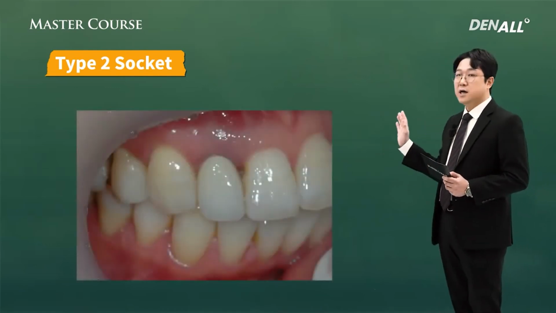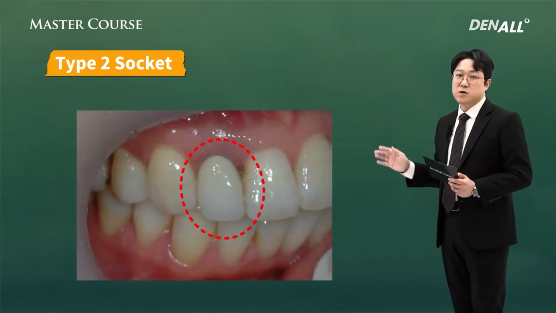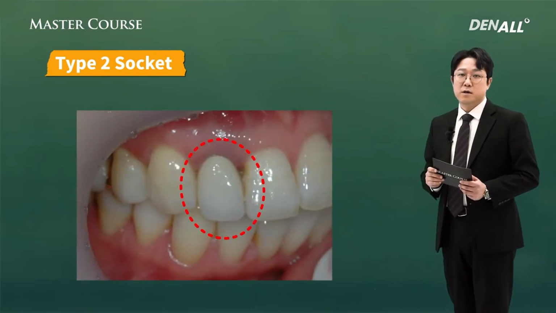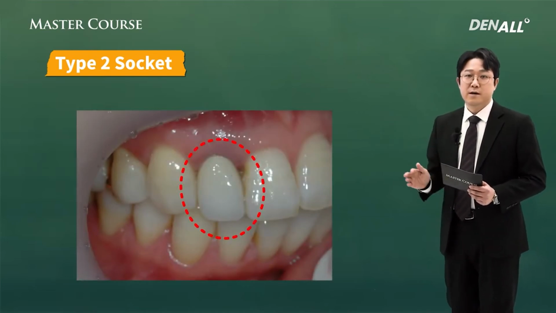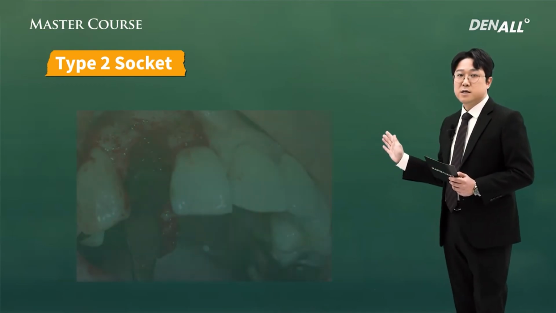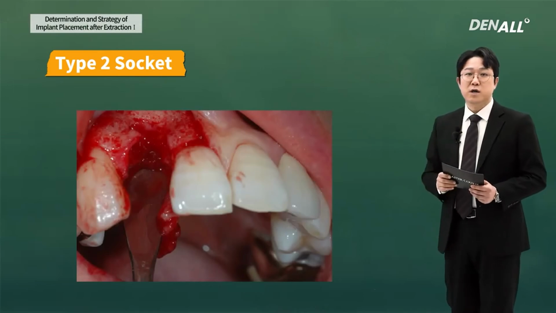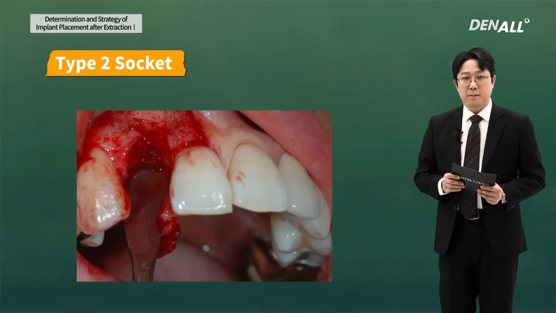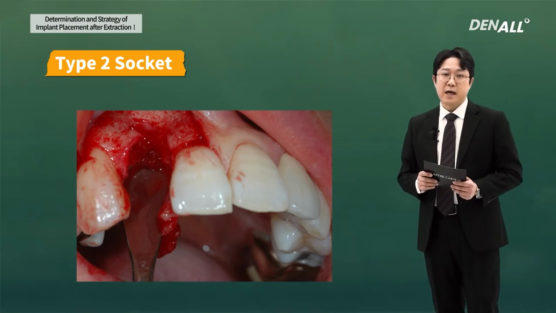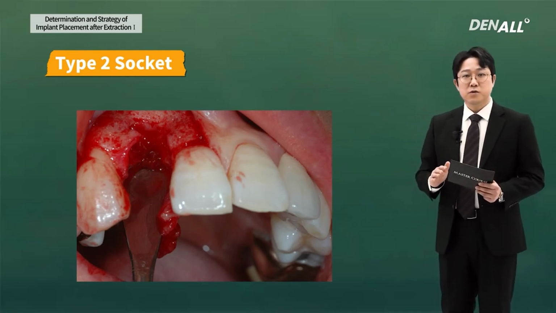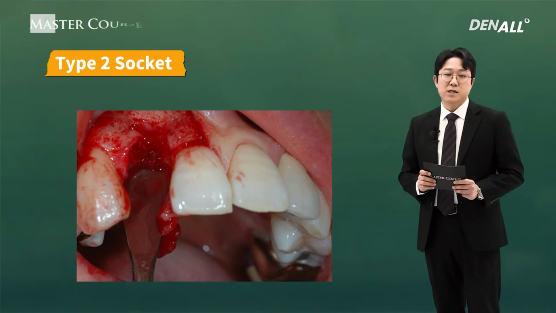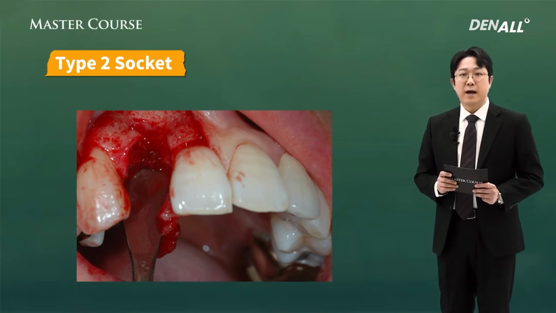Look at number 12 in the patient's mouth. There is no soft tissue resorption. It looks okay. If you look at the image, the palatal wall and buccal wall are all resorbed and extraction was done due to mobility. Type 2, there's no soft tissue resorption but only bone resorption.